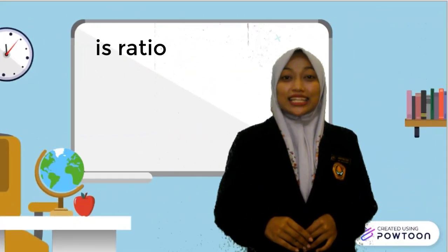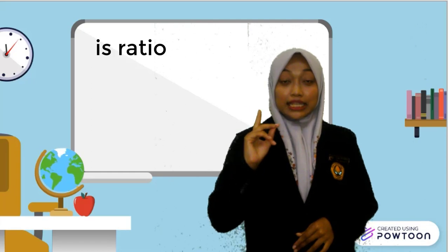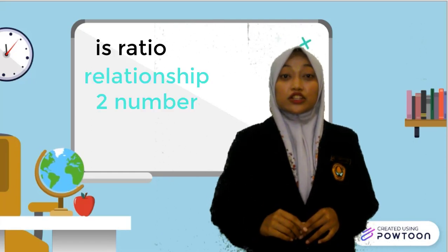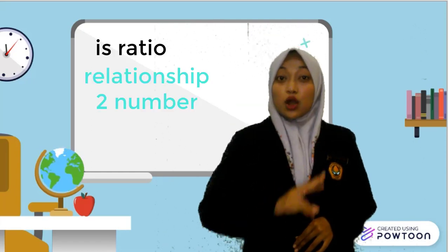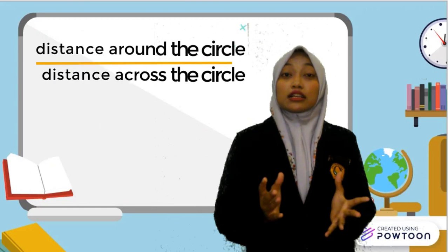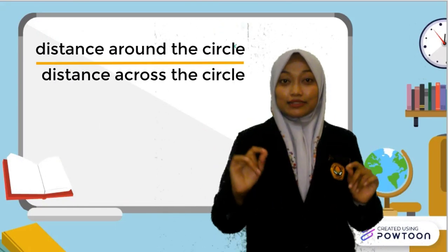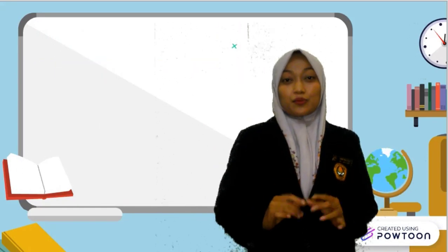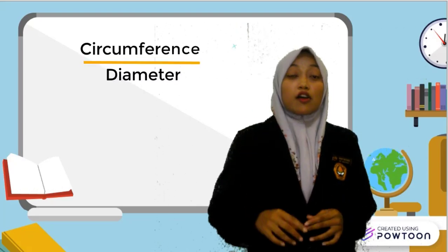Pi is really a ratio. Basically, a ratio is just a relationship between two numbers written like a fraction. It is the relationship between the distance around the circle and the distance across the circle. So pi is the relationship between the circumference over the diameter.